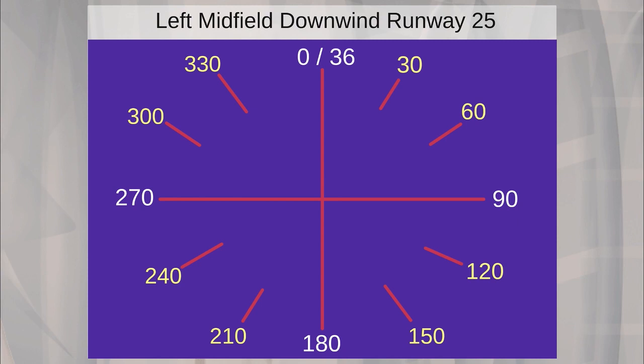So now, we need to figure out where this runway 25 is located. Over here at 240 is where 25 would be, because 25 is really 250 degrees. The runway would be 25, but the added 0 would make the compass heading 250 degrees.